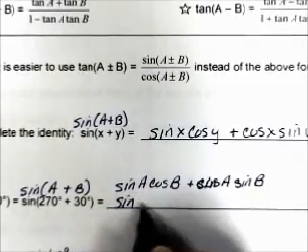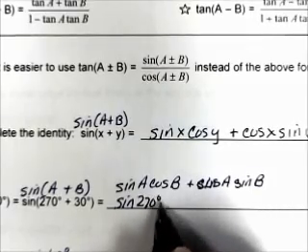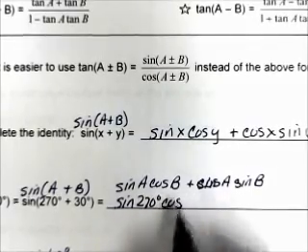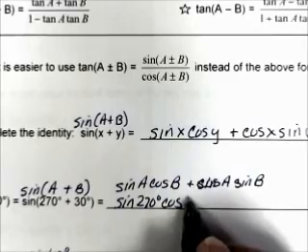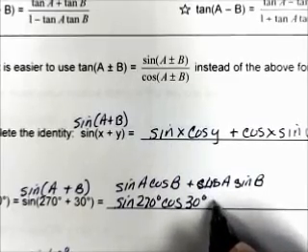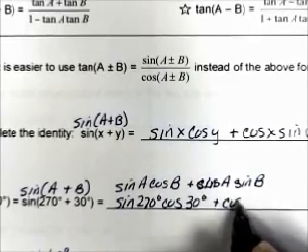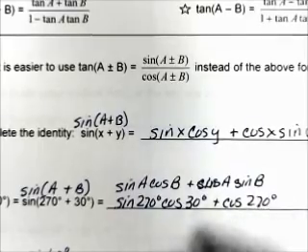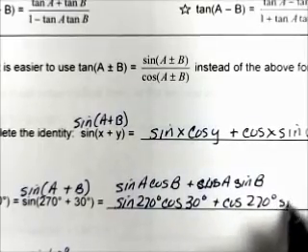So this is going to be the sine of 270 degrees, and we replace B with 30 degrees, times the cosine of 30, plus the cosine of 270 times the sine of 30.